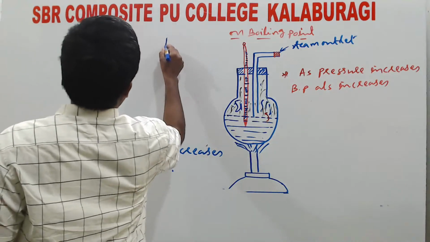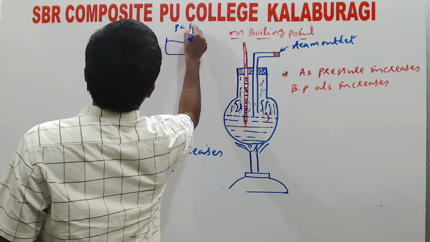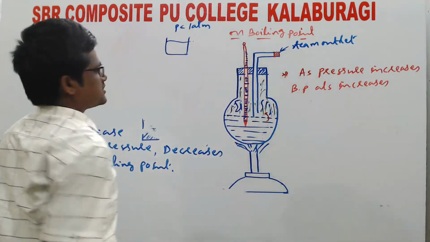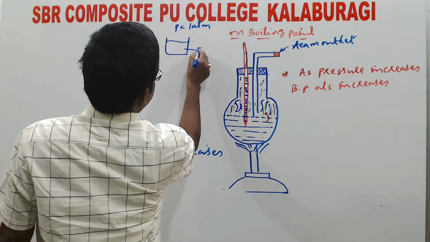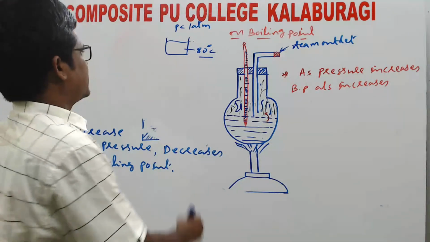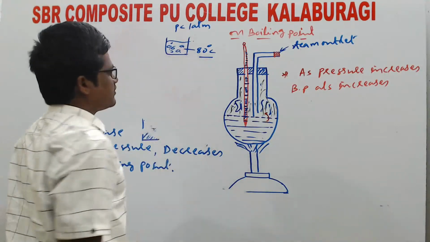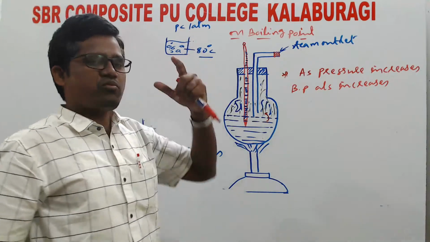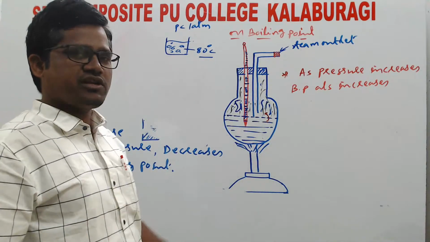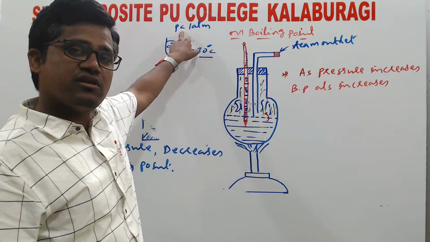Suppose this is water. At the mountain place pressure is less, so water starts to boil at 80 degrees only. Then if you put any food grains or vegetables here, what is the maximum temperature of water? Suppose 80 degrees, because pressure is very low, it boils at 80 degrees only.